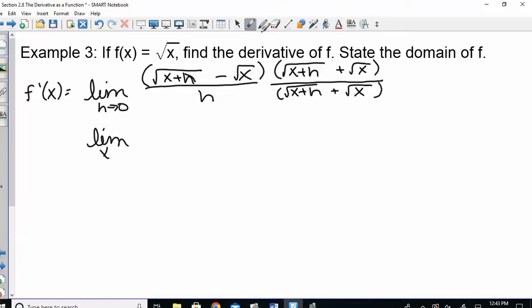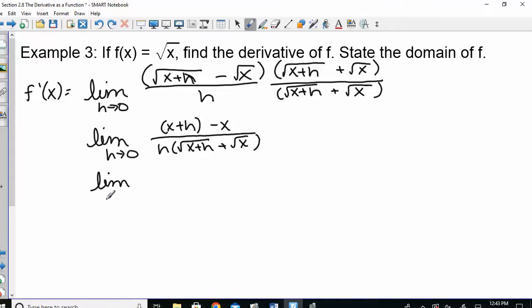So on top, square root of x plus h times the square root of x plus h, that's just x plus h. Outside and inside cancel, radical x times radical x, minus x. What happens?